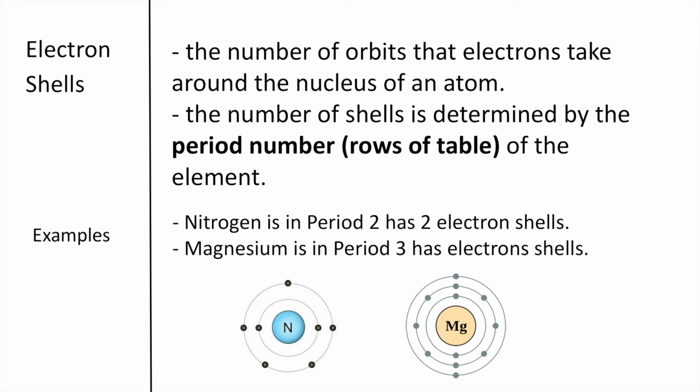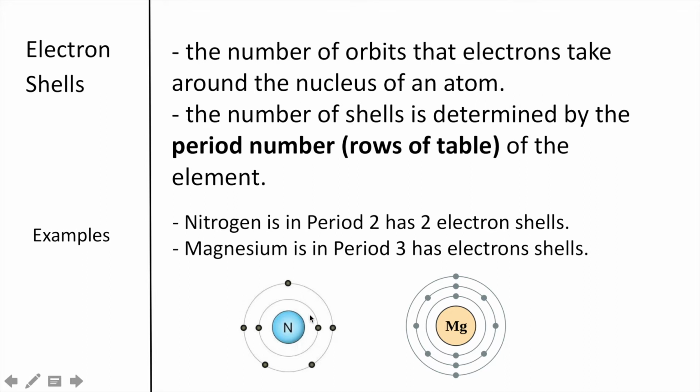So if you look at the periodic table, and remember that a period is a row of the table, nitrogen is located in the second row, so we say it is in the second period, and it has 2 electron shells. And remember, an electron shell is just an area around the nucleus.